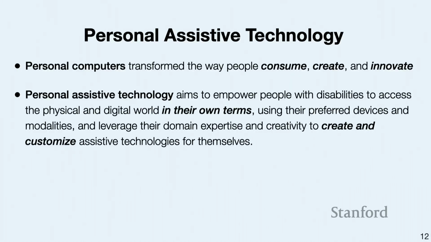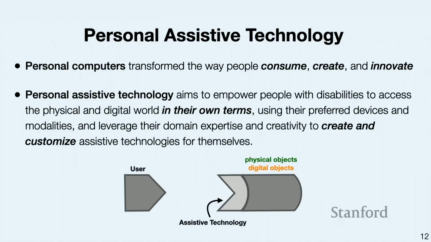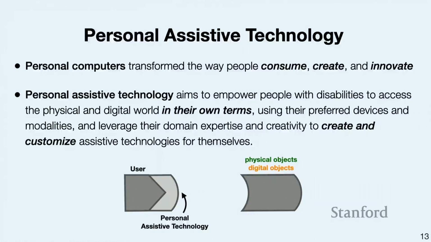So I'm going to show you a couple of projects that map to how we think about this. Using the same illustration, now we are moving this assistive technology part closer to the user. And thus it becomes more personal, allowing it to access the rigid physical and digital objects out there that are already in the real world.